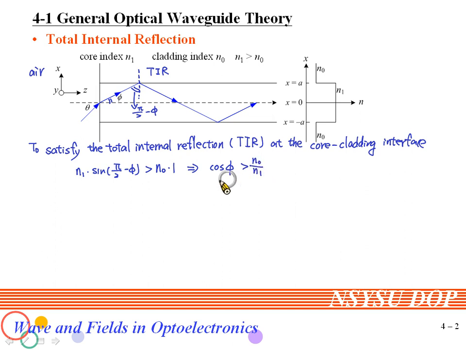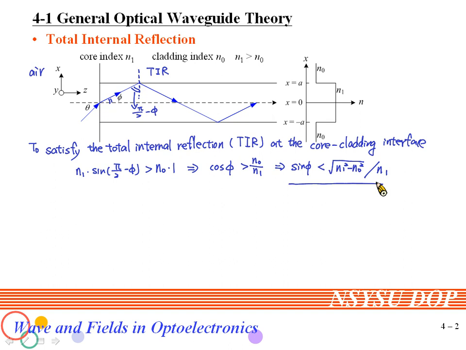Since cosine phi must satisfy this condition, we can say that sine phi should be smaller than square root of N1 square minus N0 square divided by N1. So from the total internal reflection condition, sine phi should satisfy this condition.